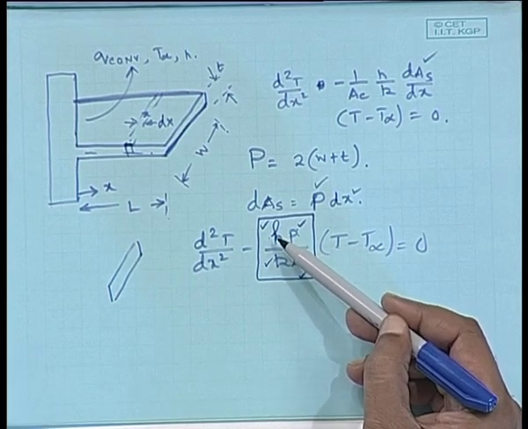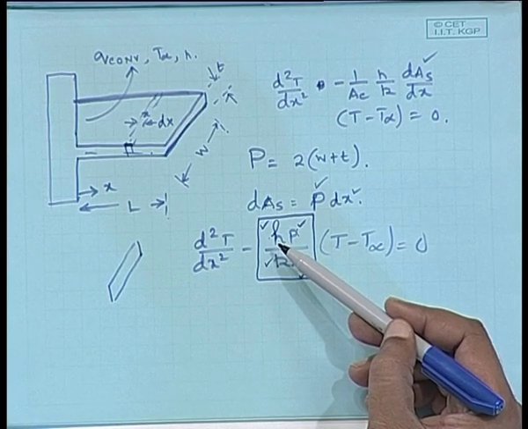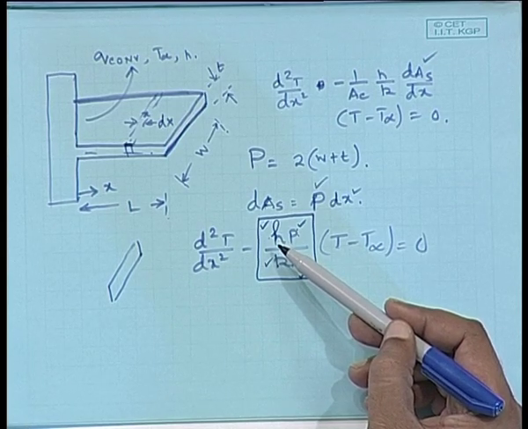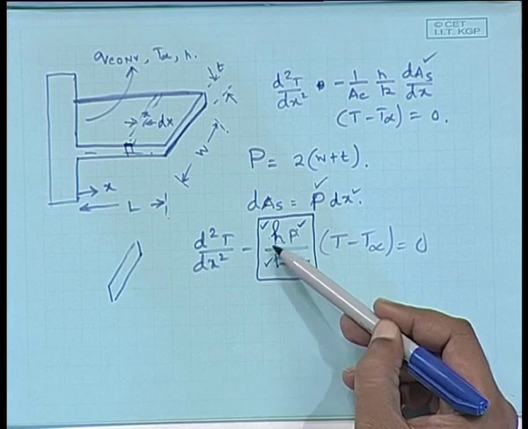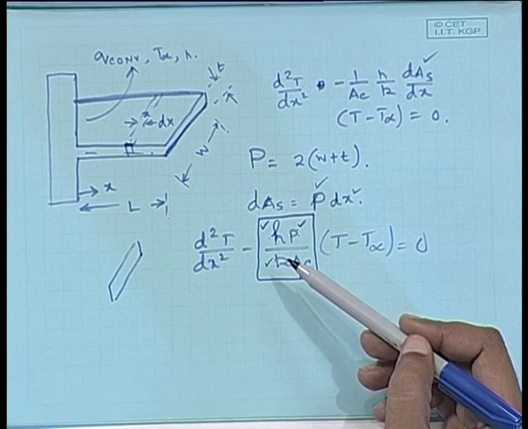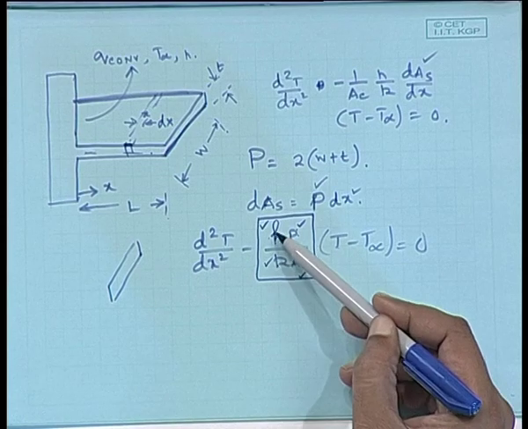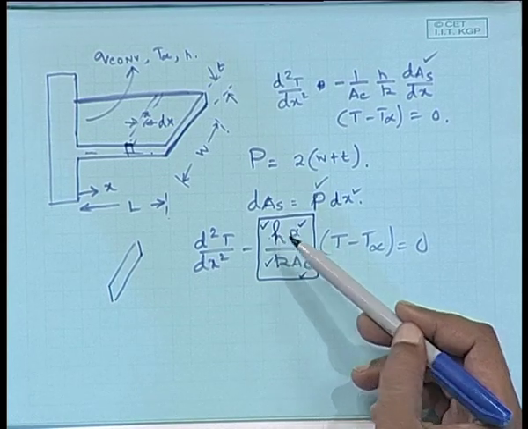If you think of h, it is the condition at the outside of the fin, that means what kind of environment the fin is exposed to, and all these are interrelated. So, we would have to decide about the shape and material based on what kind of environment it is being exposed to.